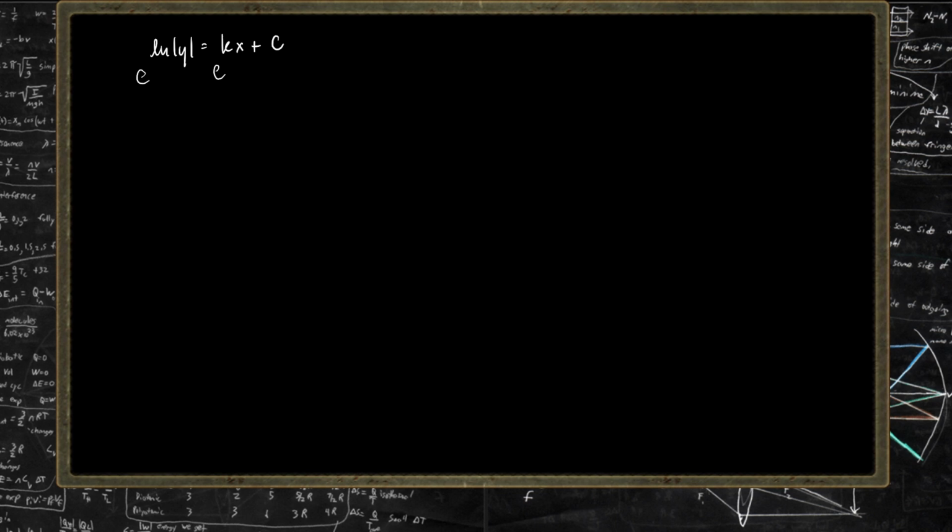And so once that ln drops out, we'll get the absolute value of y equals e to the kx plus c. Remember some exponent rules here, right? This is really e to the kx times e to the c, a constant of integration.